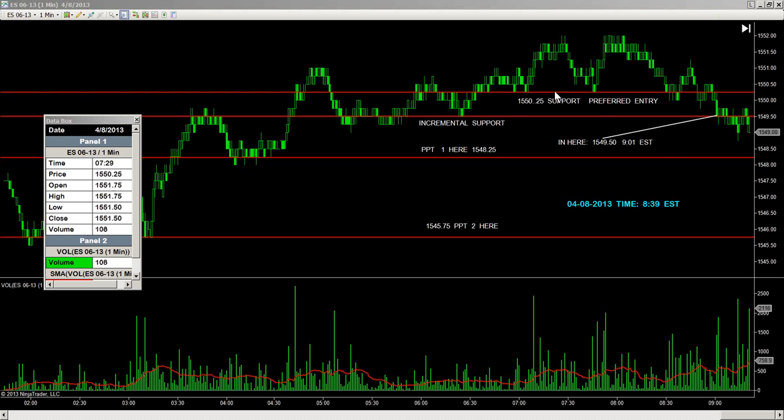The level that was established here on a 1-minute chart was the preferred entry at the time that this was actually crossed down to the downside, right here at the incremental support level, looking to get to a price profit target at an outside number at 1545.75. Price profit target 1 here will act as an incremental, and again a possible level to get out if the trade decides to turn right back around.